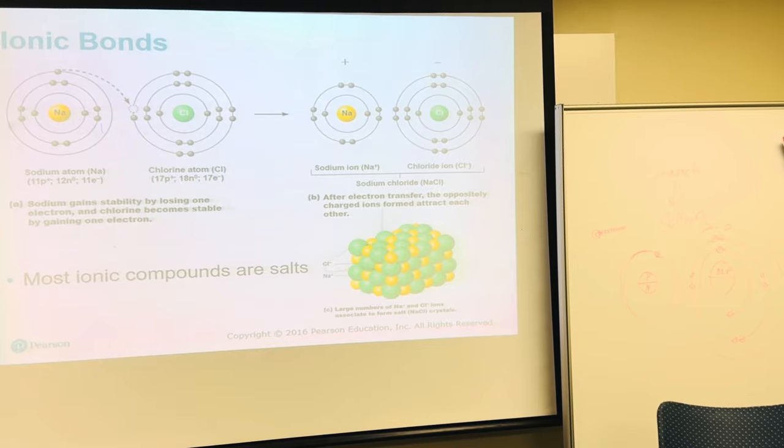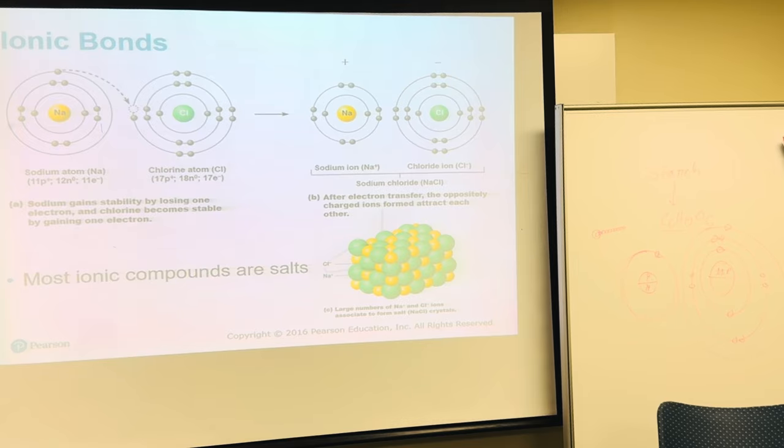So we know that sodium has how many electrons? 11 electrons. So 2 on the first shell, 8 on the second shell, 1 on the last shell. So what does that mean? To fulfill the octet rule, what do they have to do?